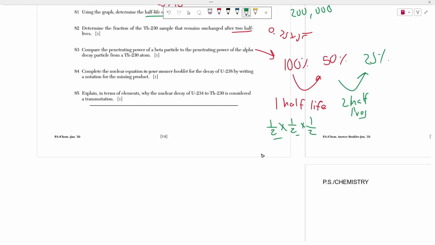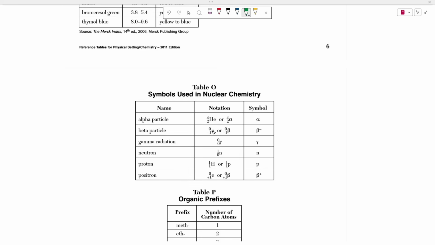So if we look at a beta particle, the beta particle is represented here. Remember that in this notation, where you have a number up here and a number down here, this 4 is going to be the mass. So in this case, this helium 4,2 is what we call an alpha particle. It has a mass of 4.